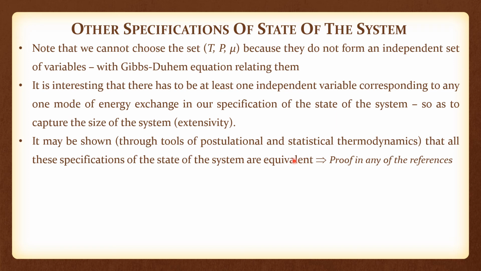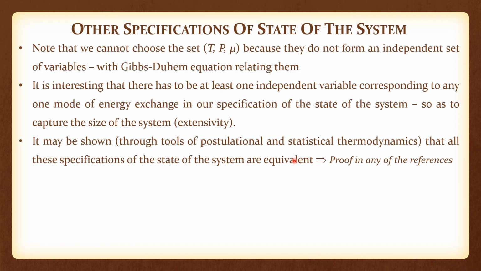What I mean by this is, whether I say U is U of SVN or S is S of UVN, or, I'm going to put the cart in front of the horse, when I change volume to pressure being the independent variable, then the corresponding thermodynamic potential is enthalpy. So H is H of SPN.